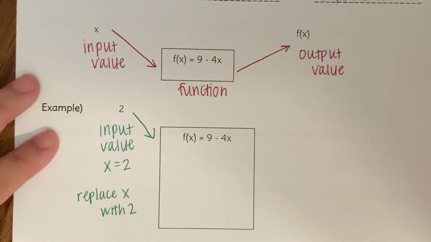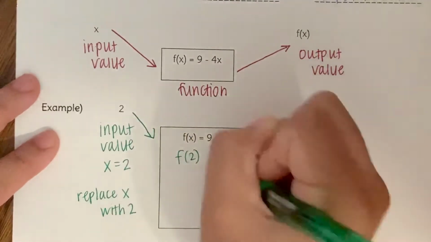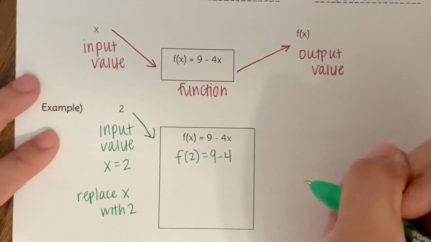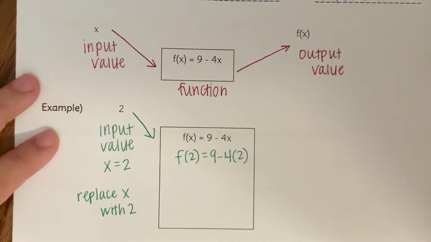So instead of saying f of x equals 9 minus 4x, it's going to become f of 2 equals 9 minus 4. And instead of 4 times x, it's going to be 4 times 2. So we want to be very careful when we say f of 2, this is not multiplication. But then when we substitute into this part of the equation, instead of 4 times x, it's going to become 4 times 2. So in this case, it does mean multiplication.